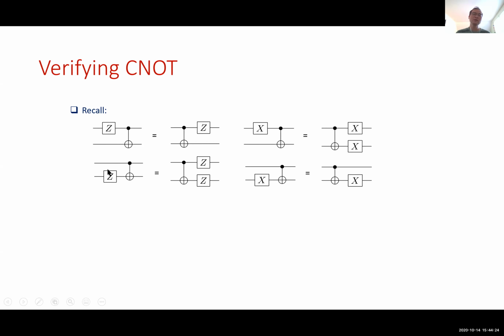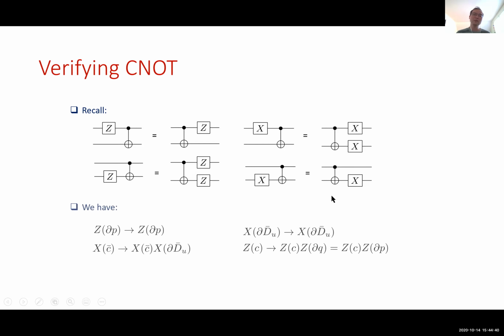The Z of the target goes to Z on the target but has an additional Z on the control. The X passes through. This is exactly what we found.